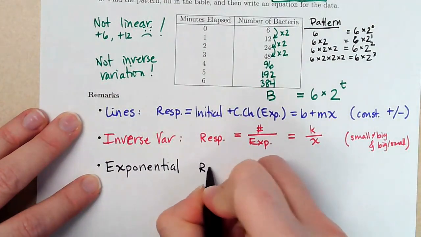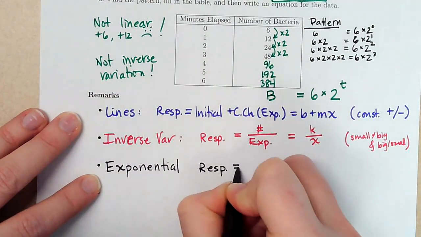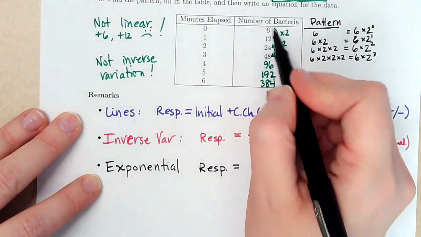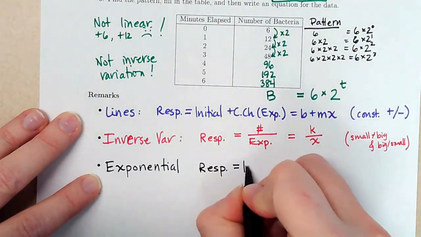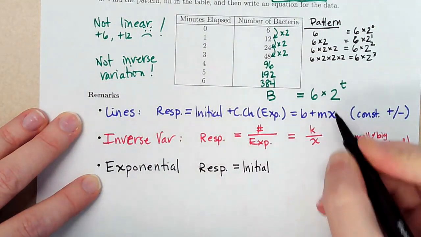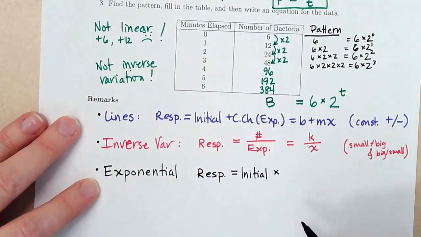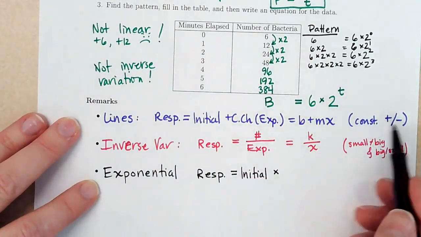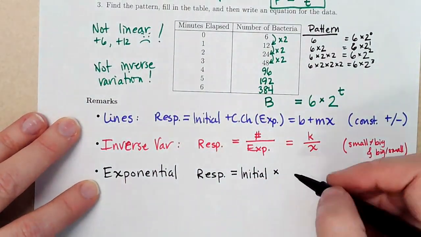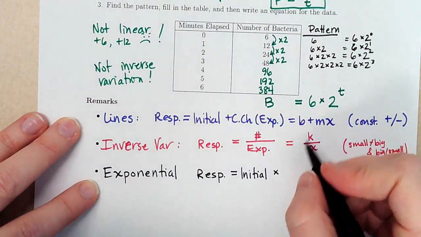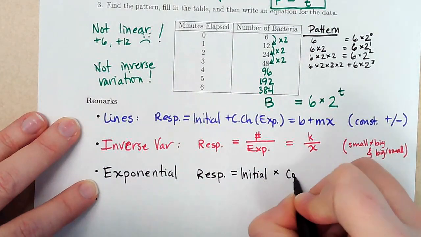The response, which is the bacteria, will equal the initial number of bacteria times, that is the pattern, not a constant add or subtract, but a constant multiplier.